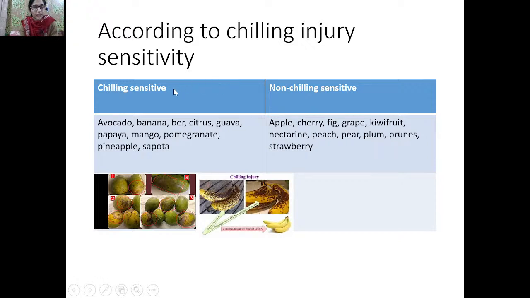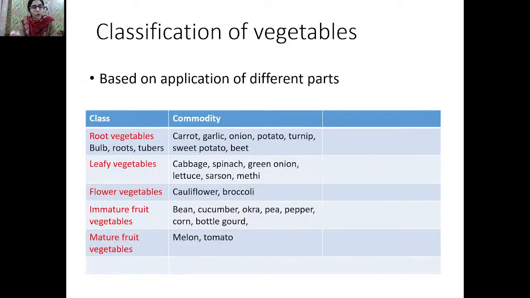So again, the question can come like banana can be stored at refrigeration or not, or at what temperature banana can be stored, is it chilling sensitive, which fruit is chilling sensitive, which fruit is not chilling sensitive, right? So we can memorize which fruits or vegetables are sensitive to the low temperature.